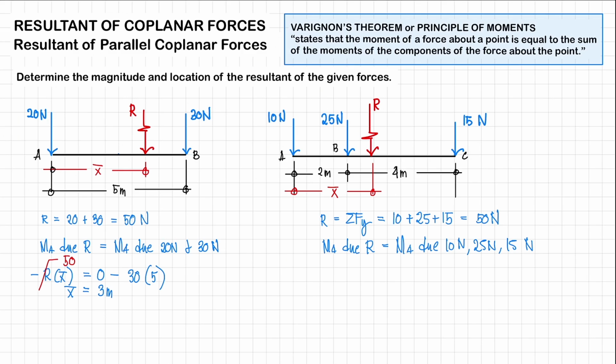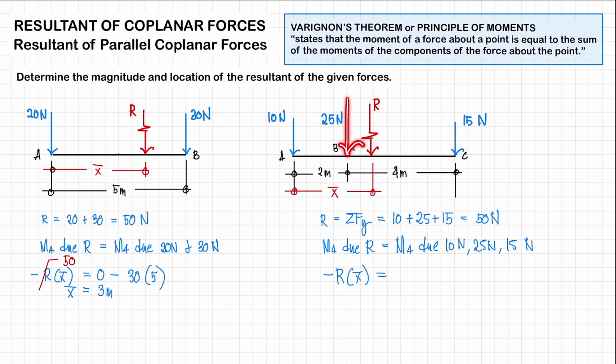Okay, so let's write the equation. Your moment is going to rotate in a clockwise direction, so that's negative. The perpendicular arm is going to be your bar X. So we have here negative R times bar X, and this is going to be equal to, again, the line of action of your 10 Newton force coincides with our point A, so we're not going to consider that.